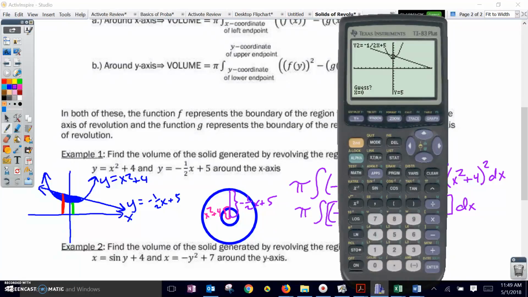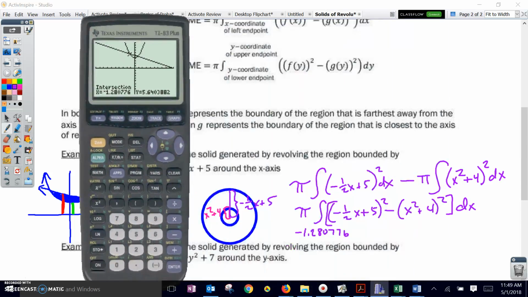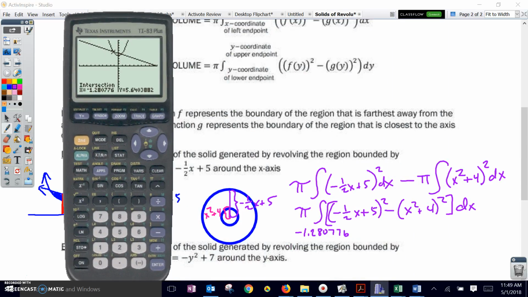I'm just going to move my cursor outside that intersection point so it grabs that intersection point for me. And so I want the x-coordinate of this intersection point as my lower limit of integration. That's negative 1.280776. And I want the other intersection point as my other boundary.